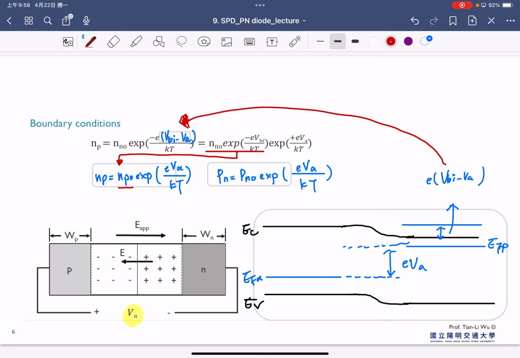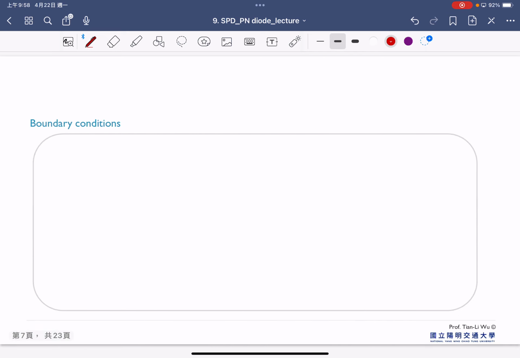We try to use the carrier concentrations in the P and N regions in this equation. Next, we will also be interested in how the carrier concentration behaves in the different regions, including the depletion region.